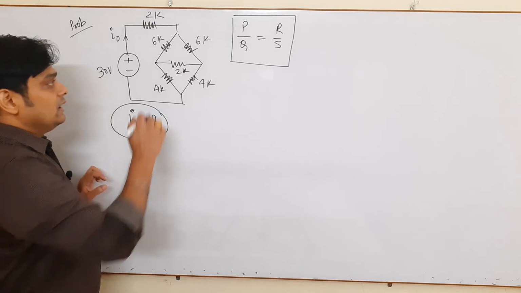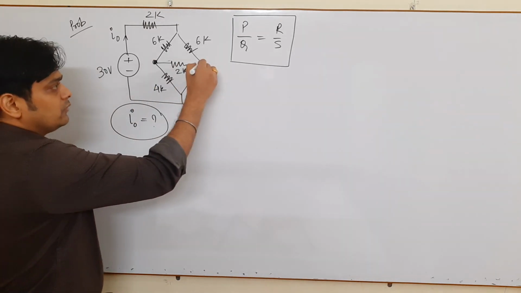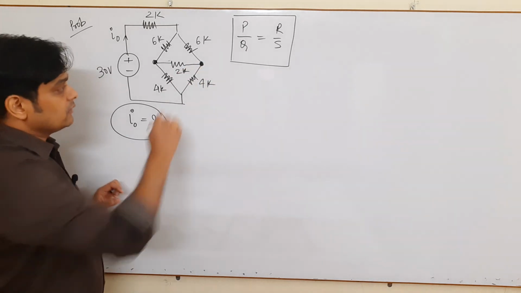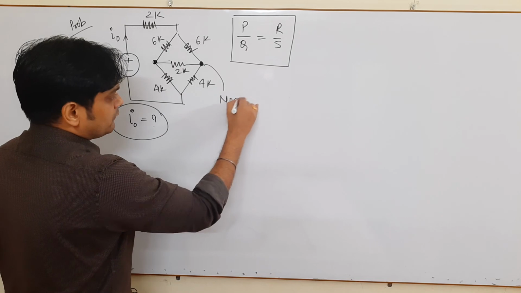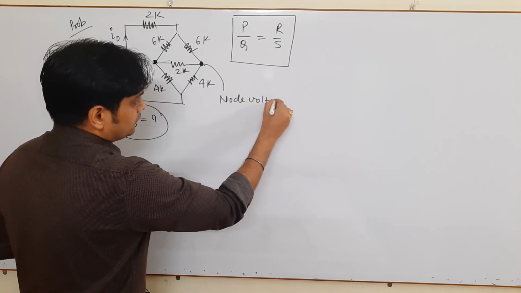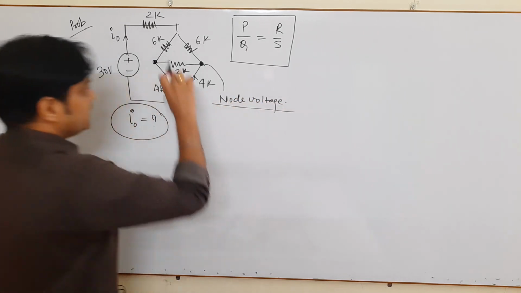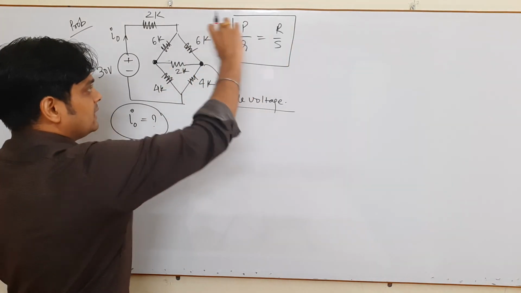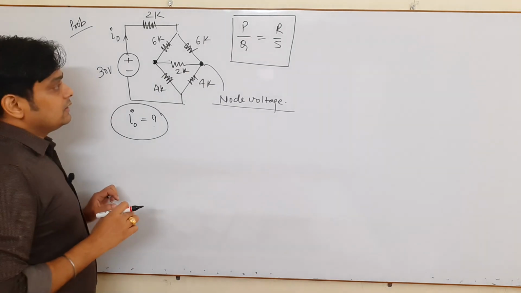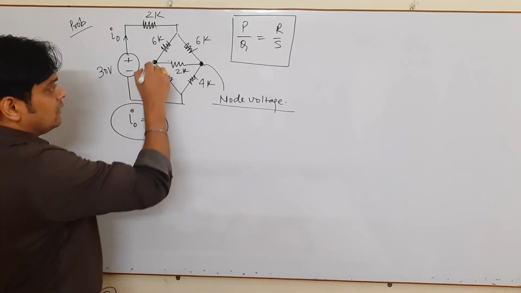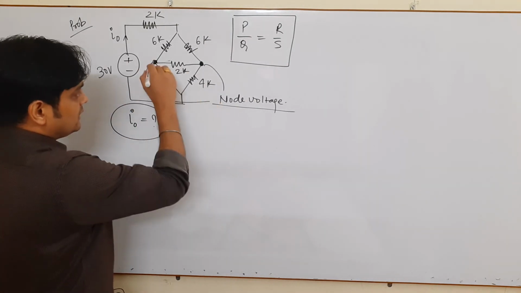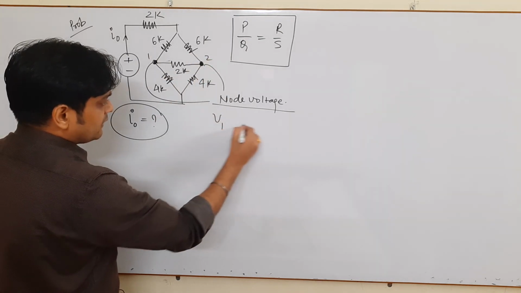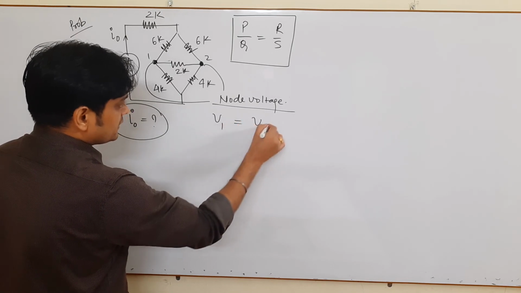Under the Wheatstone bridge, if you talk about these two node voltages, and if the bridge is found to be balanced, it means whatever the node voltage at this node, say node 1 and node 2, these node voltages are equal.